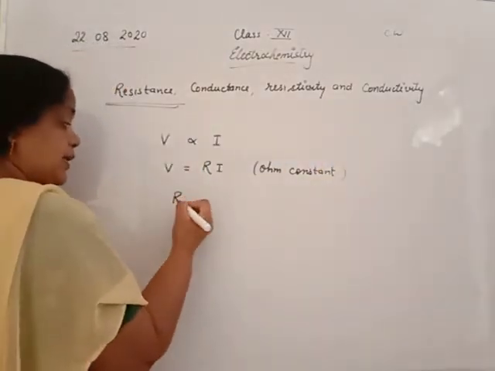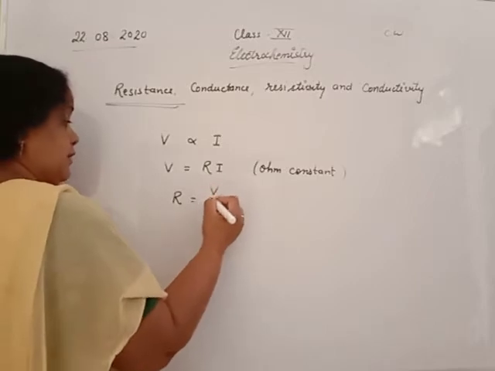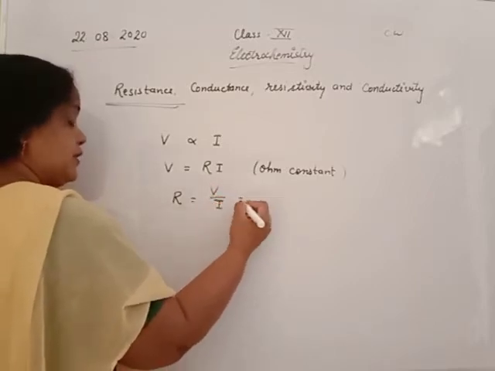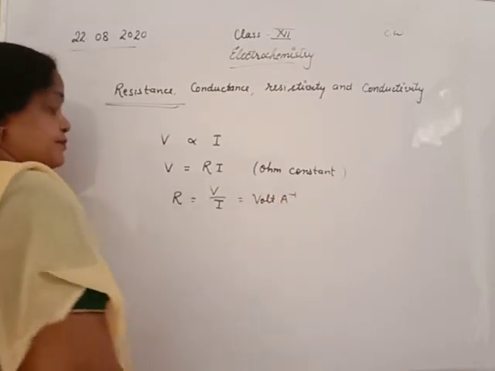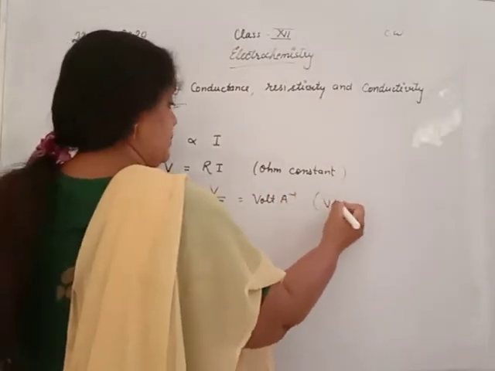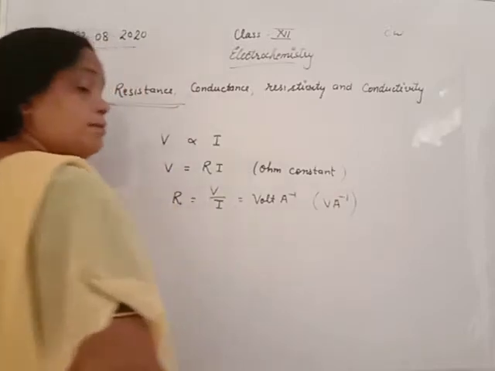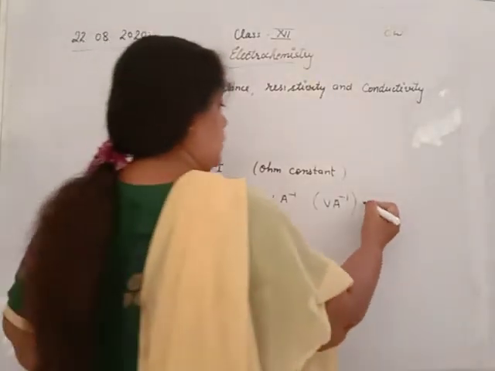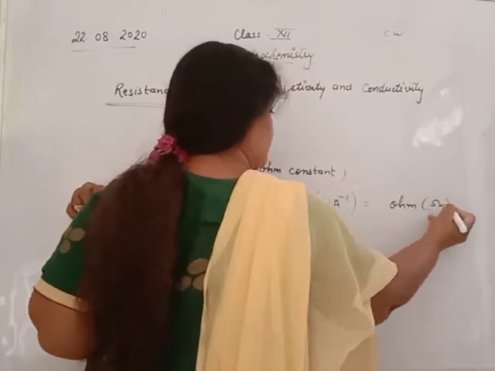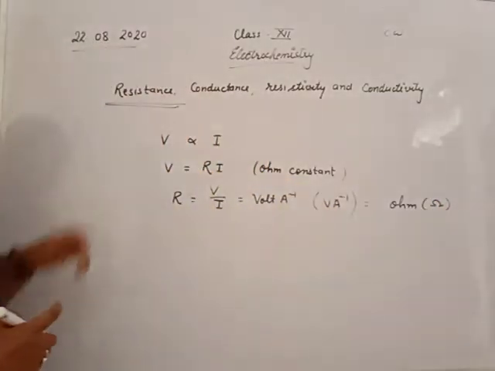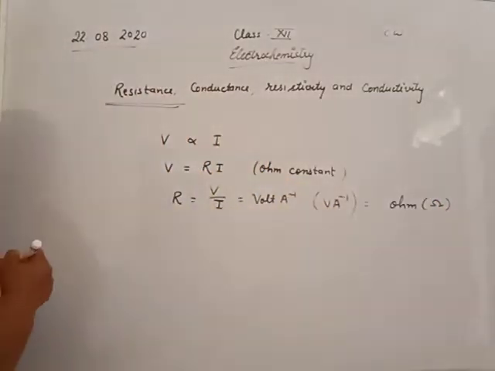If we want to calculate R, it is V upon I, that is volt per ampere. 1 volt per ampere is known as ohm. The symbol of ohm is this one. It is known as resistance.